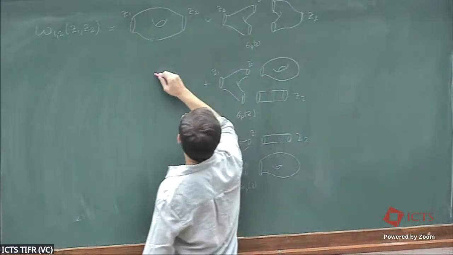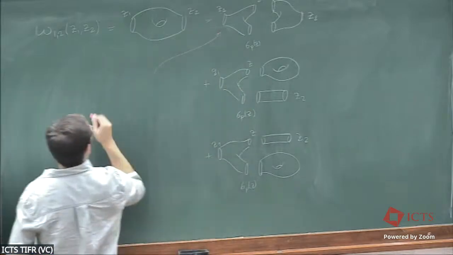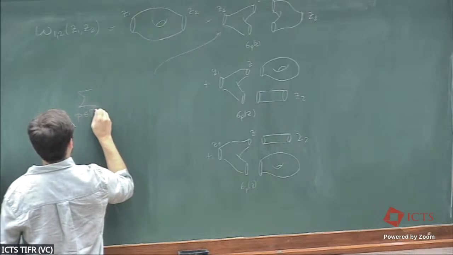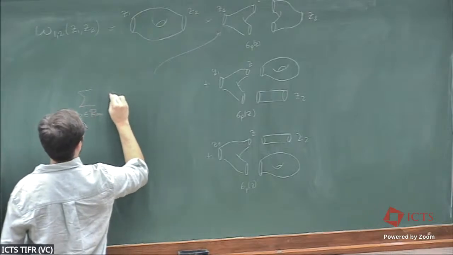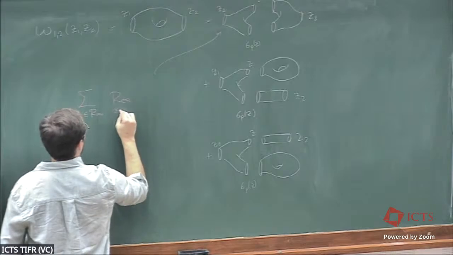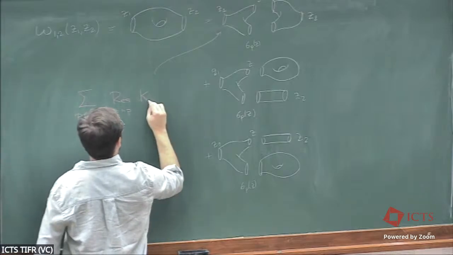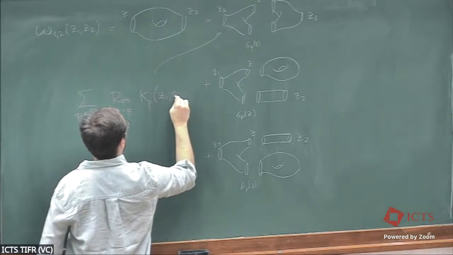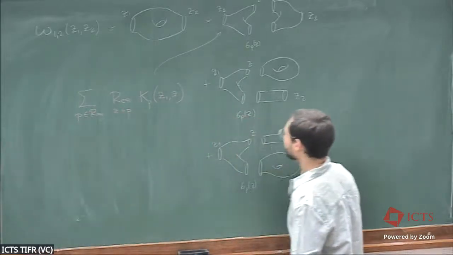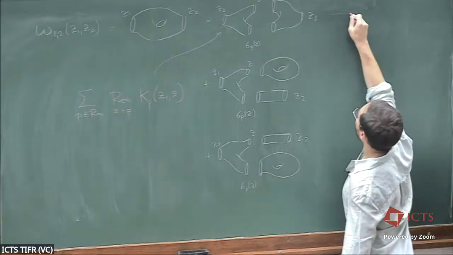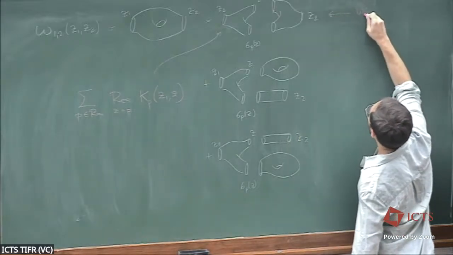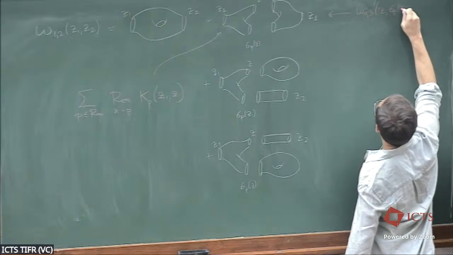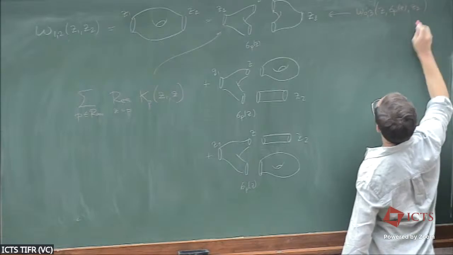So here, this guy is always going to be replaced by the sum over P, the set of ramification points, residue at Z equal to P of the kernel with variables Z1 and Z. And here instead, for example, this will just be omega 0,3 at Z, sigma P of Z, Z2.